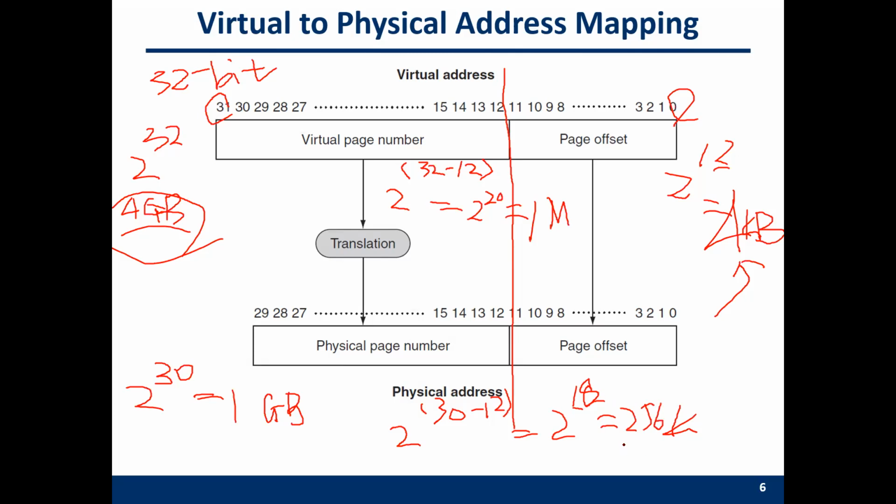So in total you have 256K physical pages. Again, this number is larger than the other number, so not every virtual memory page can have a physical page. They are not a one-to-one mapping. Some of the virtual memory may not have a physical page, and we need a translation here.